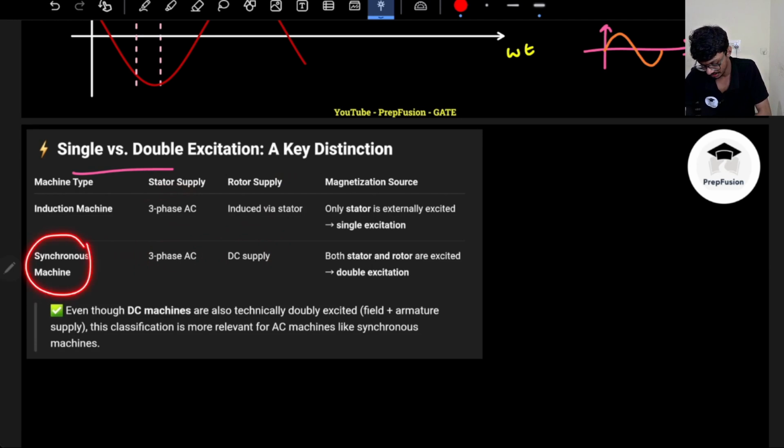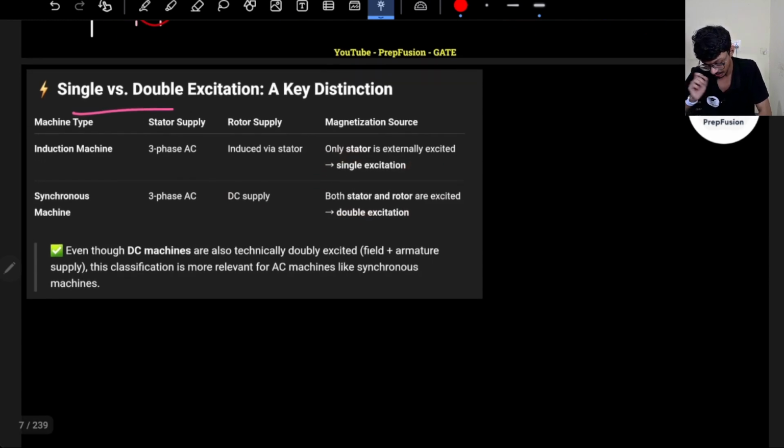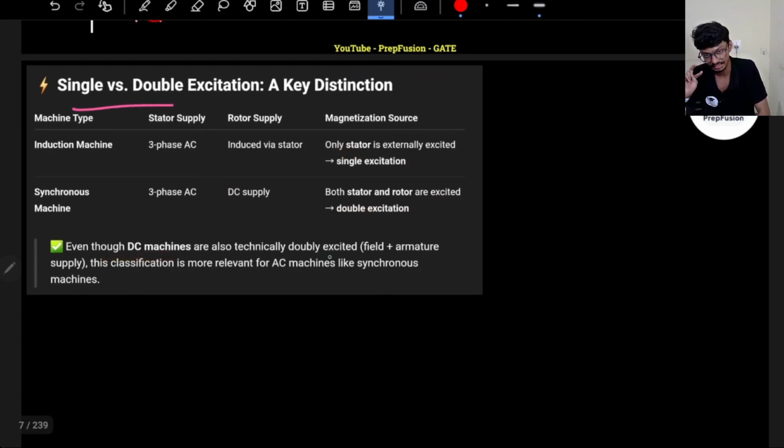That's why it is doubly excited, because the rotor supply is supplied separately. Both the stator and rotor are excited, but in the induction machine only the stator was externally excited.